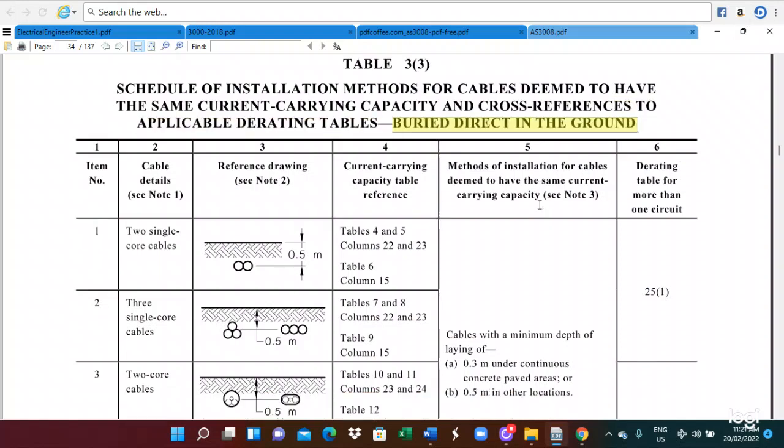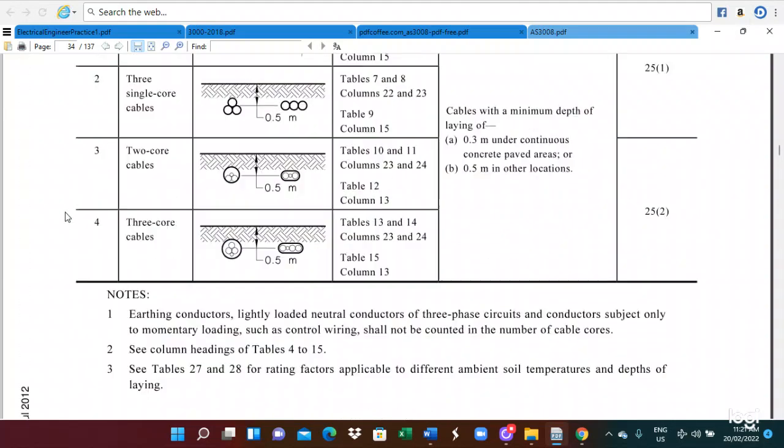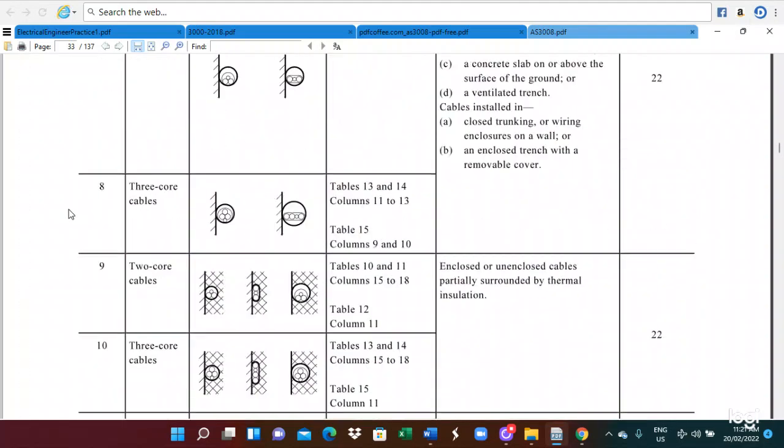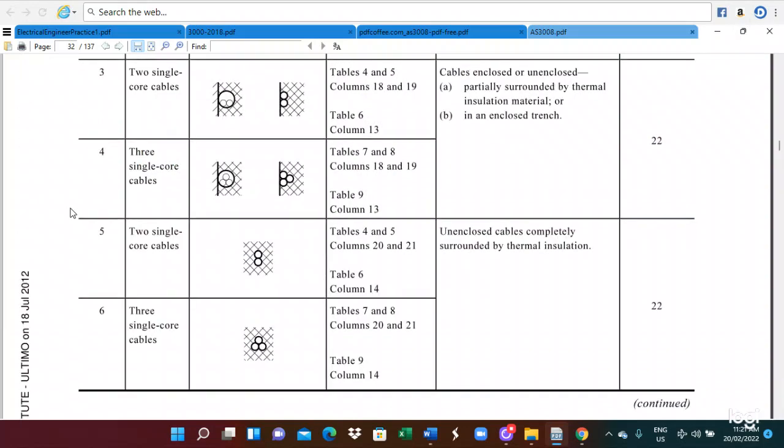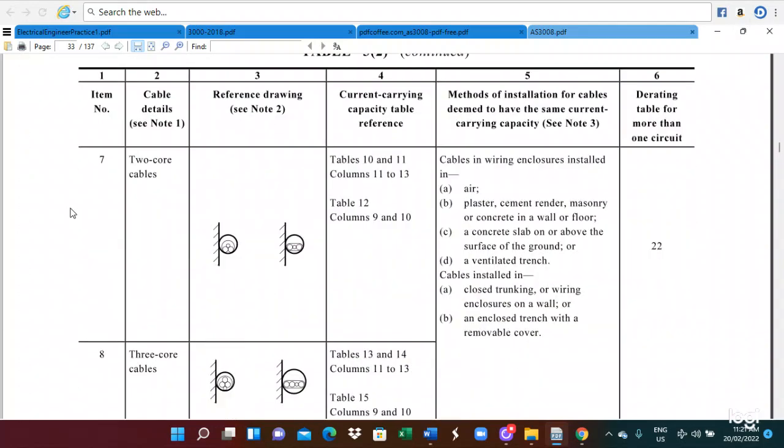Underground wiring enclosure, Table 3.4. So there are four kinds of tables we have to utilize: 3.1 is unenclosed in air, 3.2 is enclosed in air, 3.3 is unenclosed underground, and 3.4 is enclosed underground.